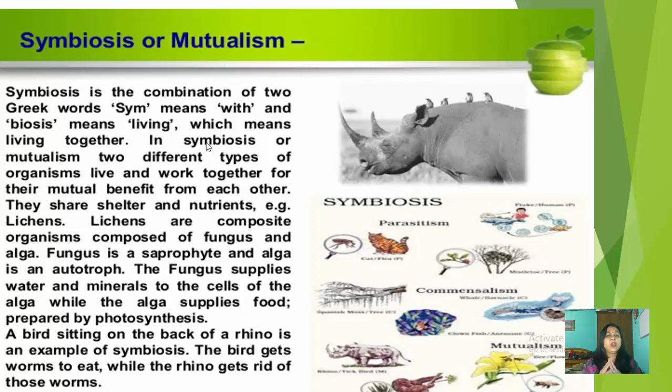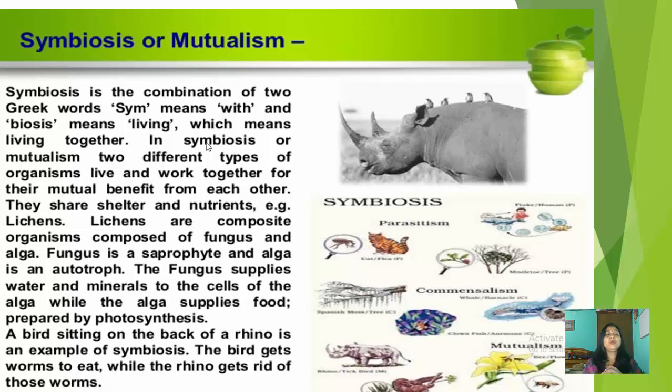We know fungi are non-green plants. They are saprophytes. They derive their food from the dead and decaying matter. Alga is an autotroph because it contains chlorophyll, so it photosynthesizes.